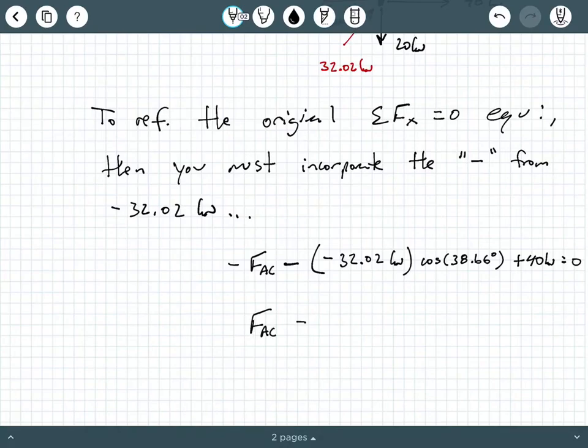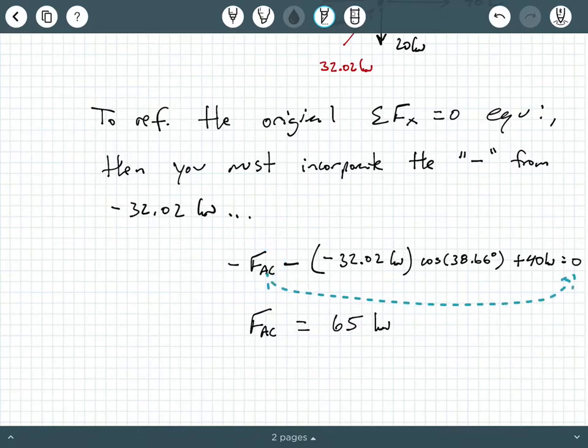So when we rearrange this, we should get FAC equals the following. I'm plugging this into my calculator, so maybe you should plug it in too and make sure you get the same thing I do. So when I punch this in, I get FAC is 65 kilonewtons, and I get a positive, okay?